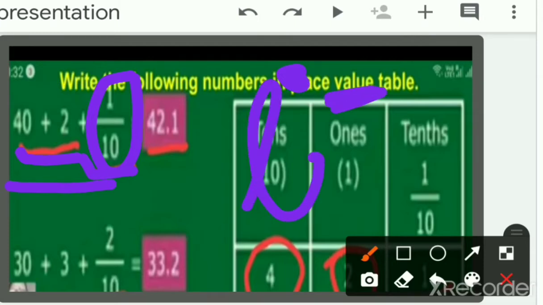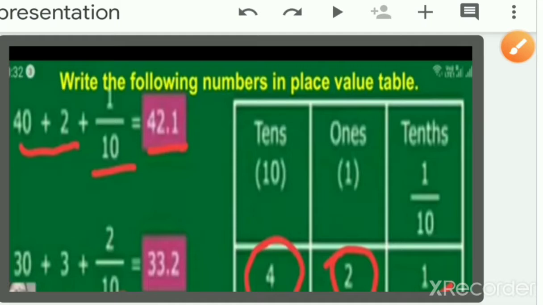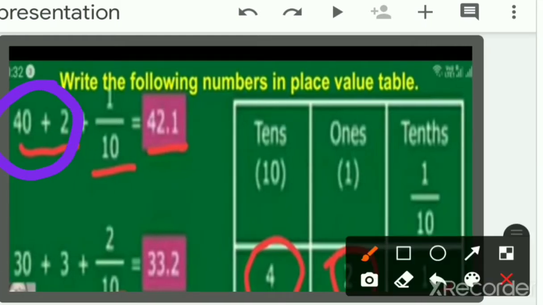The tenths place. It is very easy to understand. So we have 40 plus 2 is 42, then 1 is divided by 10, so we have 42.1.